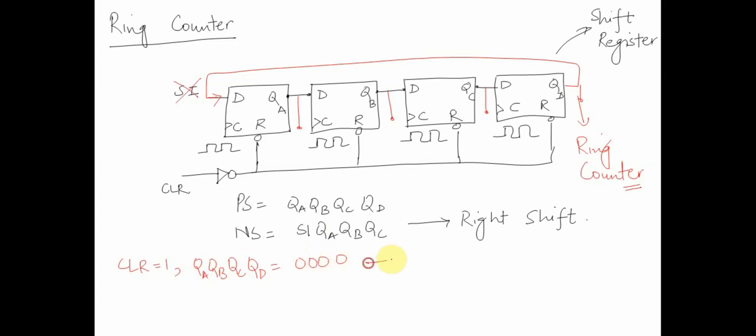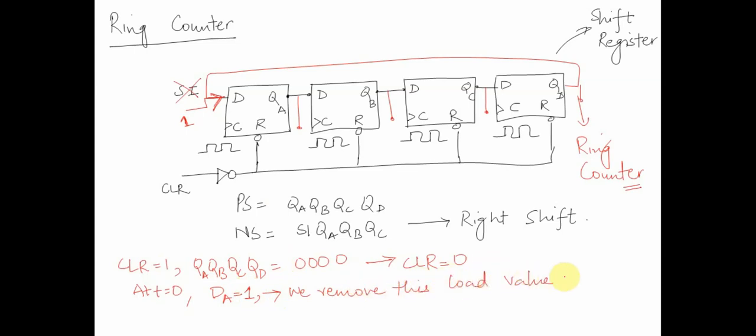Once we do this clear, we set clear equal to 0, and let's assume that at time t equal to 0 we supply a value 1 over here, such that DA is equal to 1. Once we are done with this, we remove this load value of 1 before the first clock edge.